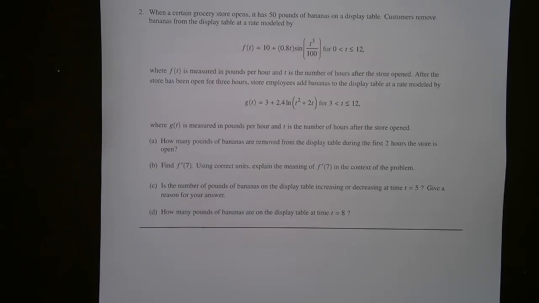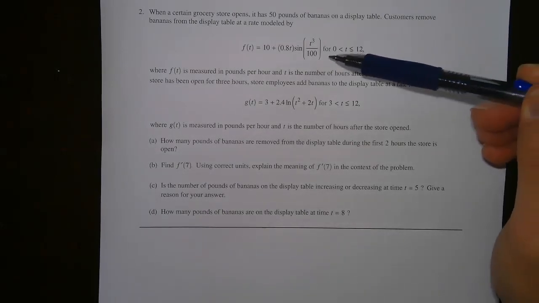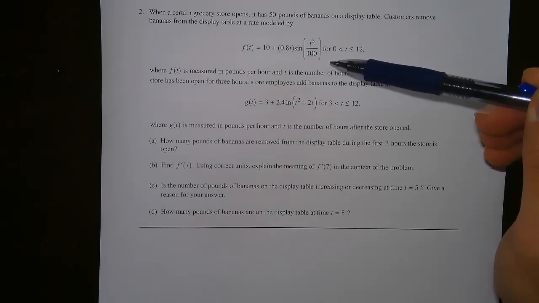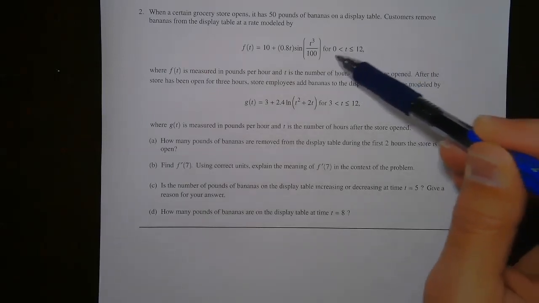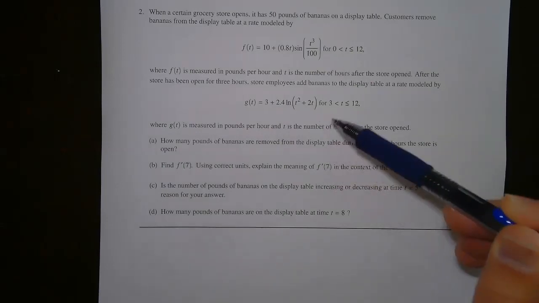So the number of pounds of bananas on the display table is changing by two rates being put together. The rate at which it's being removed would be the minus part, because that's the out. We started with the out part up here, and then this is the in part, when we talk about in and out problems.